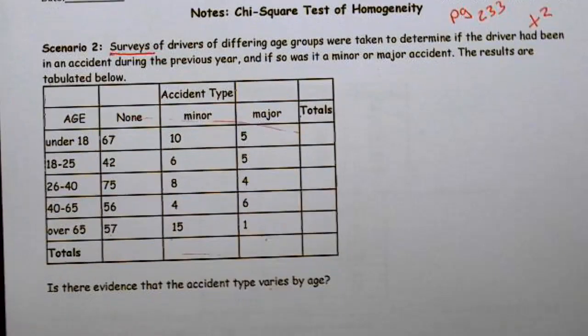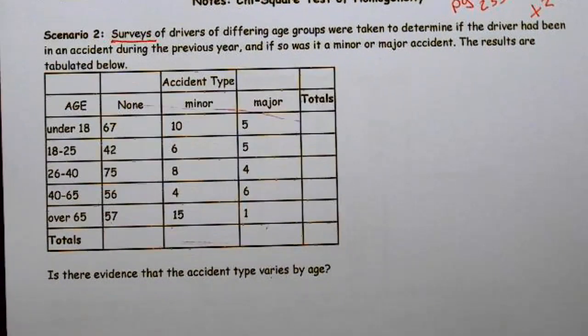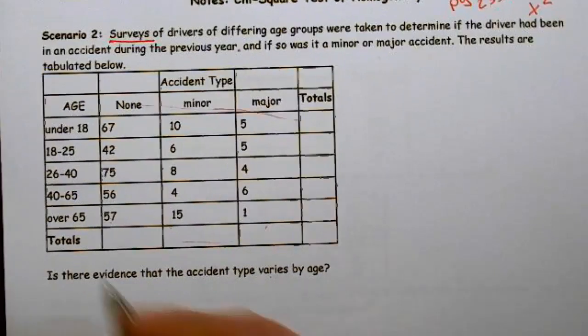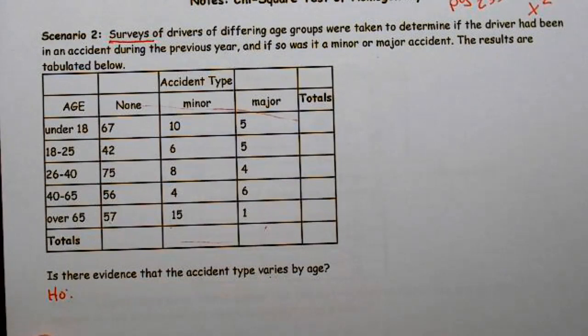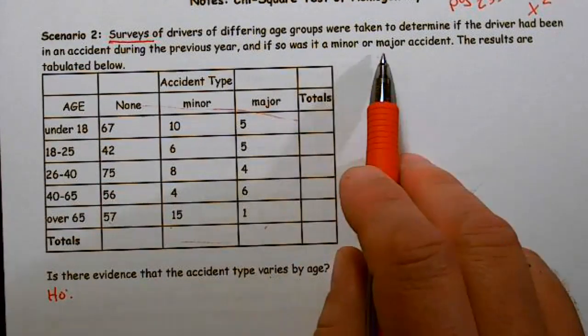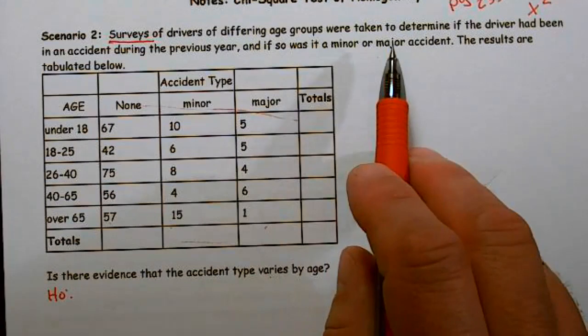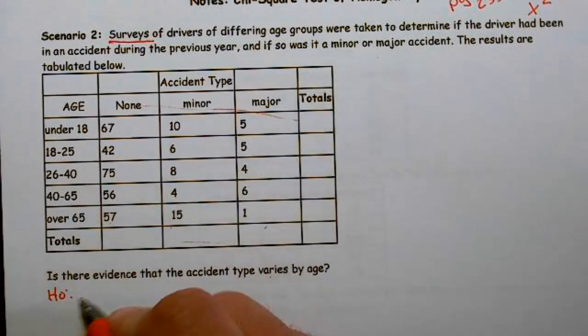So in this particular case, once again, H0, and they want to know whether or not the accident type varies by age.